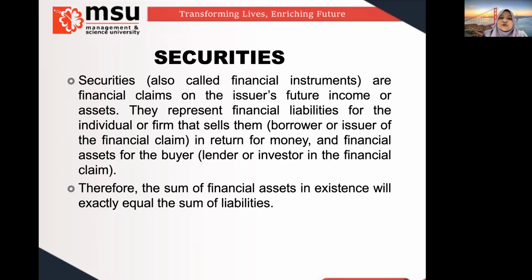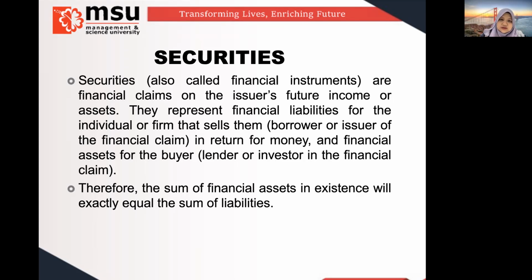So the borrower issues the financial claim in return for money, and it is a financial asset for the buyer, the lender, or the investor in the financial claim. This is what I said earlier. For example, I myself sell a bond to the public. There are people who buy the bond, so when they buy the bond, I get money. But I need to pay this money back to them in return.